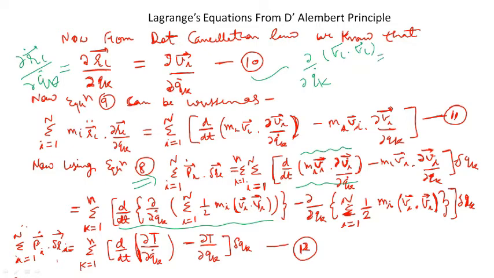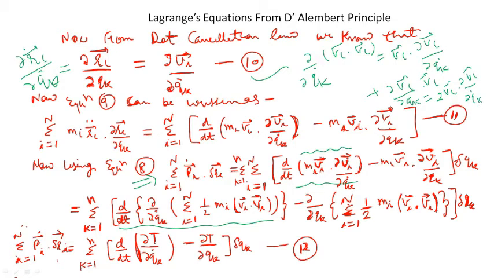Now this will be equal to, first, as it is the differentiation of second with respect to qk dot, ∂vi/∂qk dot, plus the differentiation of the first, ∂vi/∂qk dot into vi, so it will be twice vi dot ∂vi/∂qk dot.